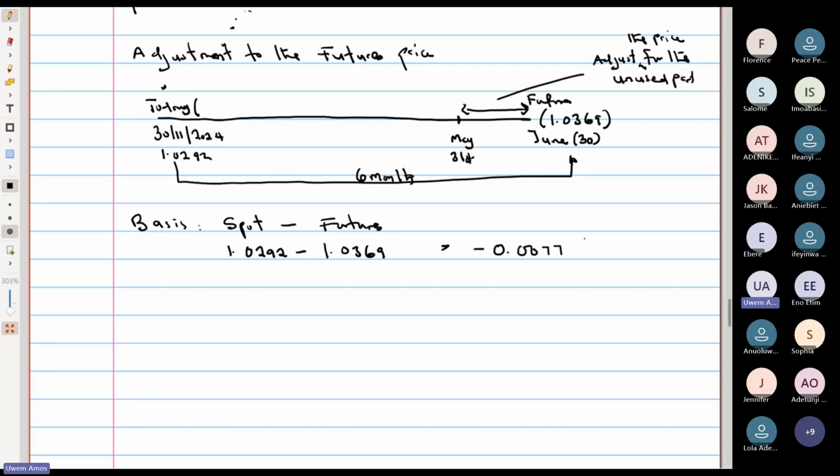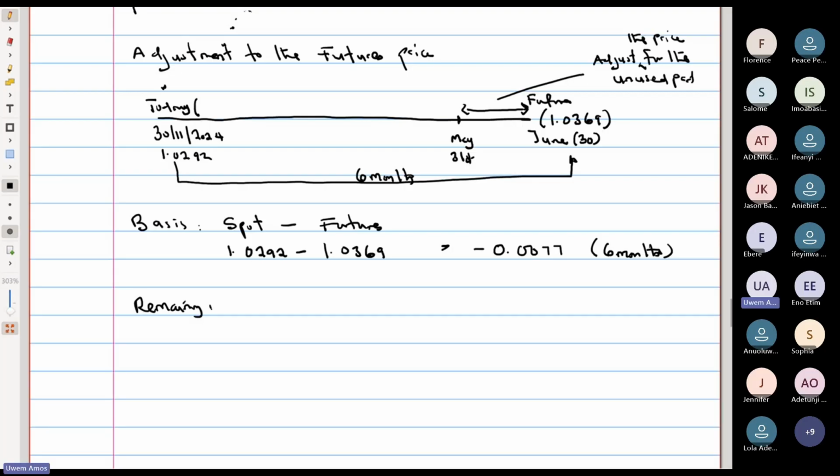This difference is for a period of 6 months, because the difference between now and when it matures is 6 months. Out of these 6 months, how many months are we not using? In other words, how many months would we not need to hold it for? 1 month, which is between May and June.